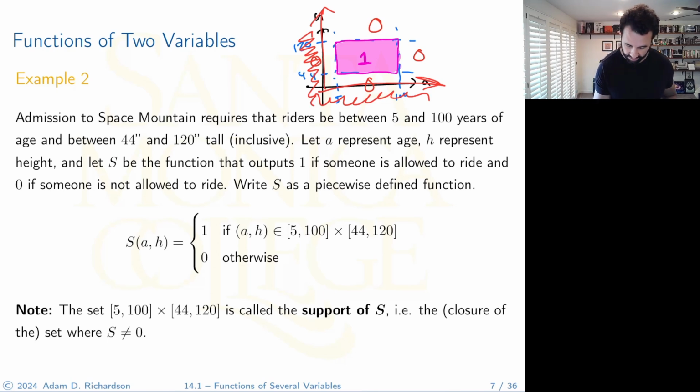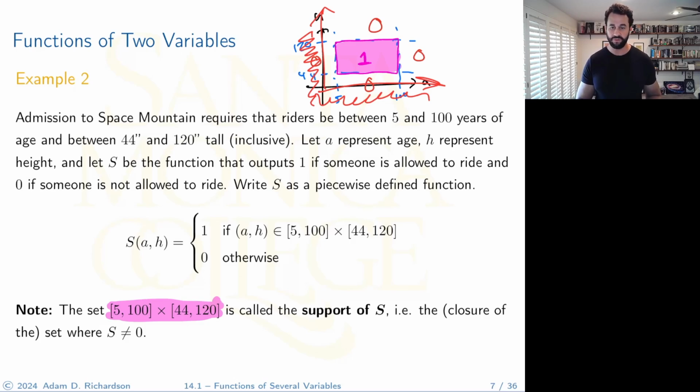Here's a little note I have at the bottom. This is something that I know all the math majors will see eventually, so we might as well mention it now. This set here, let me highlight it. This set, 5 comma 100 cross 44 comma 120, that's what we call the support of the function.